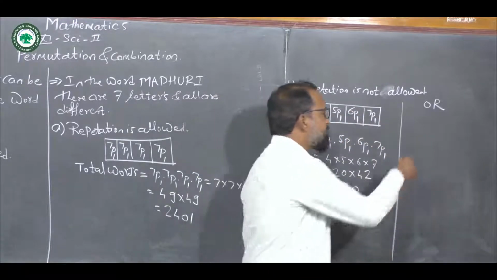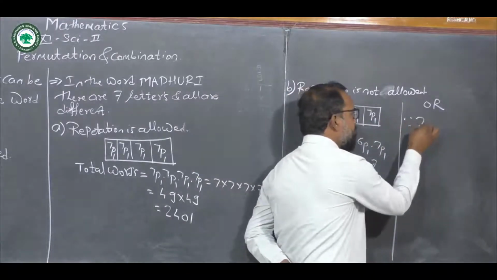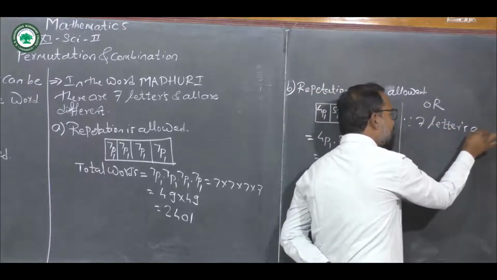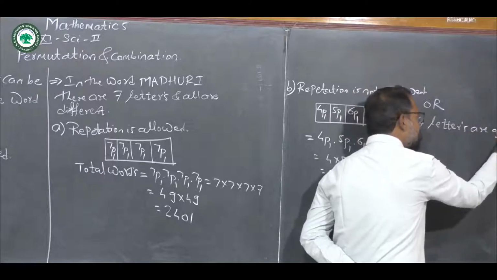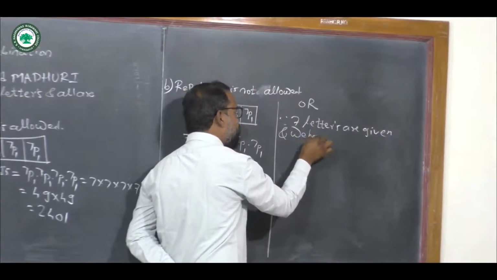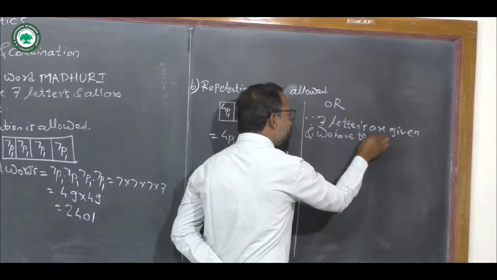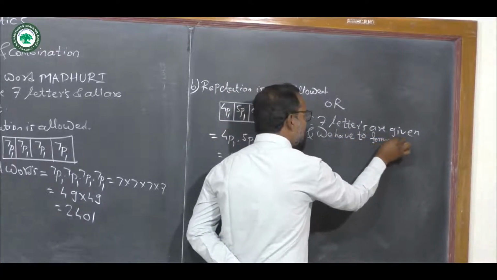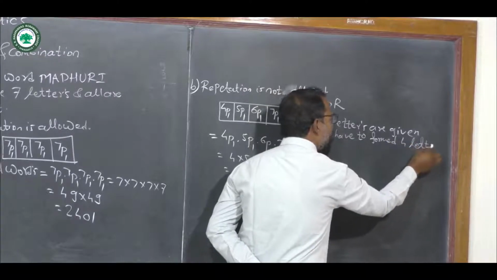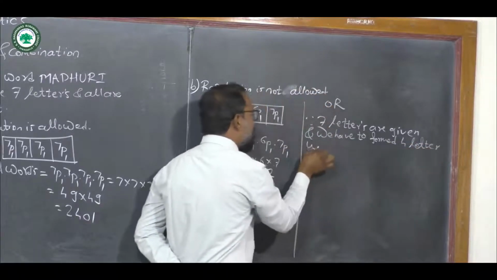So this can be written as, since 7 letters are given, and we have to form 4-letter words.